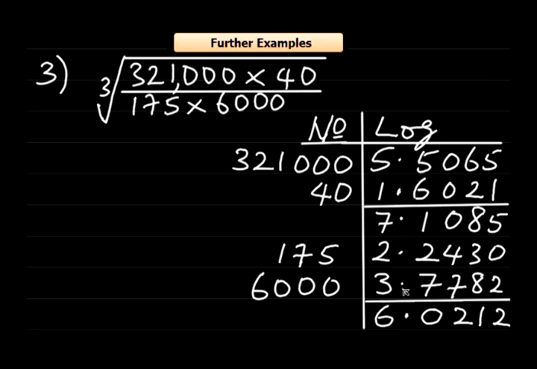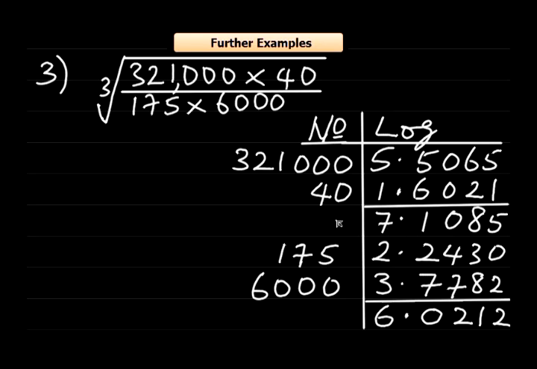From here, we're going to subtract the logarithm of our denominator from the logarithm of the numerator. So this is our numerator, is it not? When we added these two values we have at the top, we had this answer.